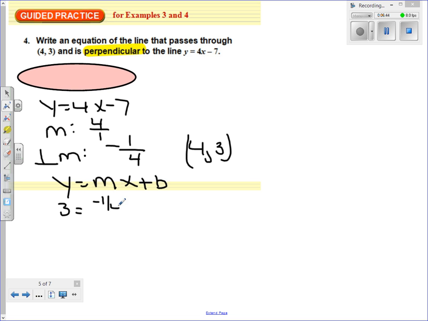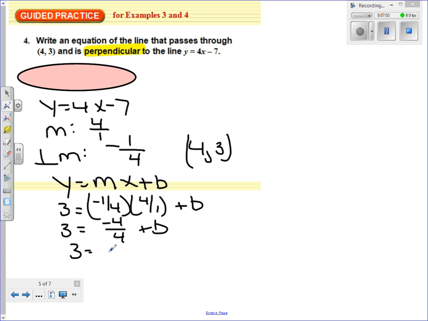Negative 1/4 goes in for my slope. 4 goes in for my x plus b because I'm trying to find b. 3 equals negative 1/4 times 4, multiply straight across, is negative 4 over 4, which is negative 1, plus b. 3 equals negative 1 plus b. Add 1 to both sides. 4 equals b. So now I have identified my slope and my y-intercept.